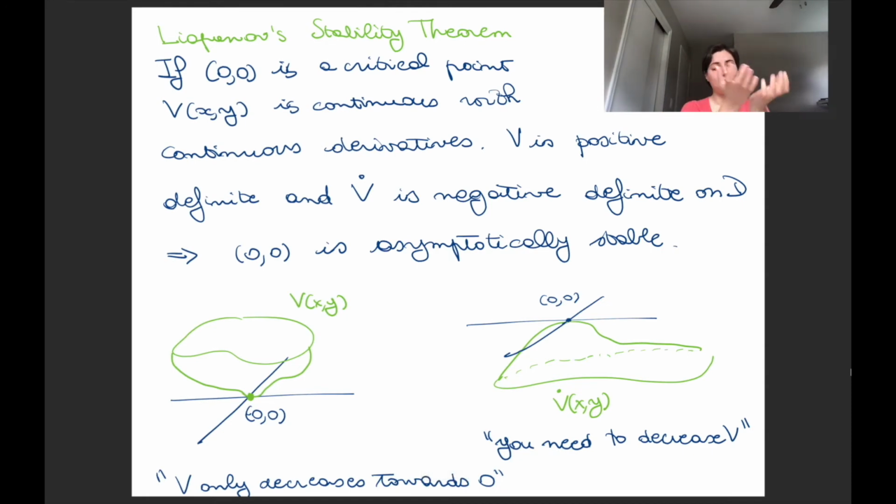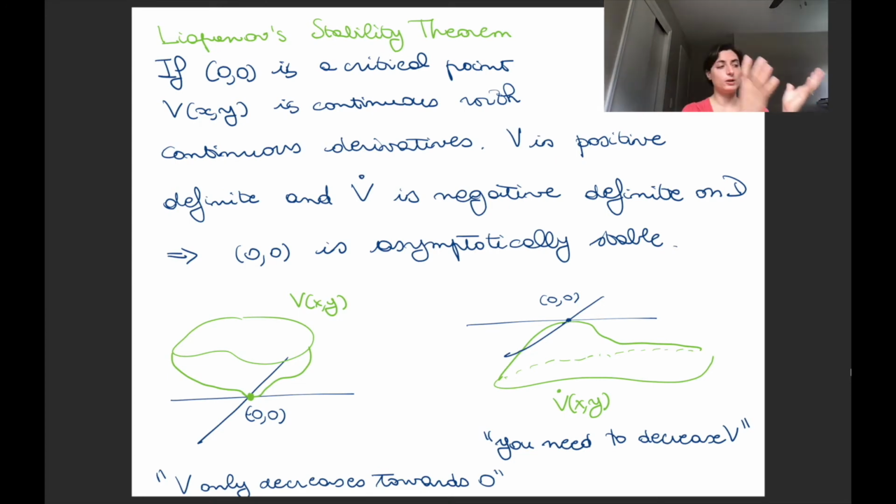Well, the idea is that you have v that is bowl-shaped, and the bottom of the bowl is 0, 0, and v dot that is mountain-shaped. V dot is negative everywhere except at 0. What v dot means is that if you're not at 0, 0, v needs to decrease.